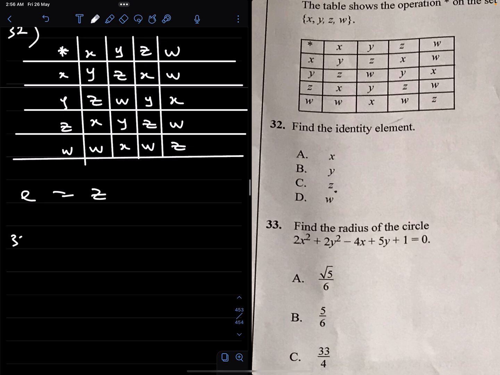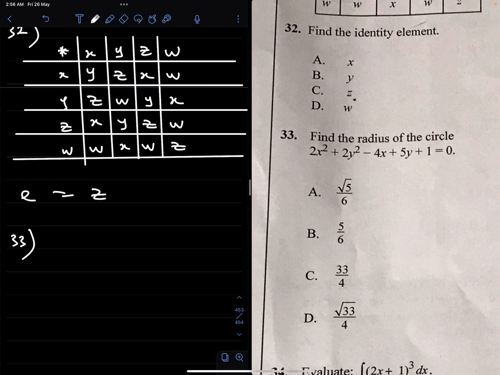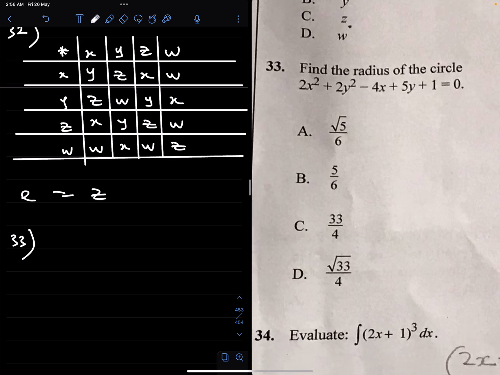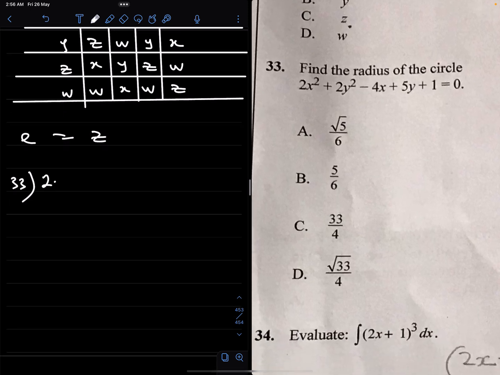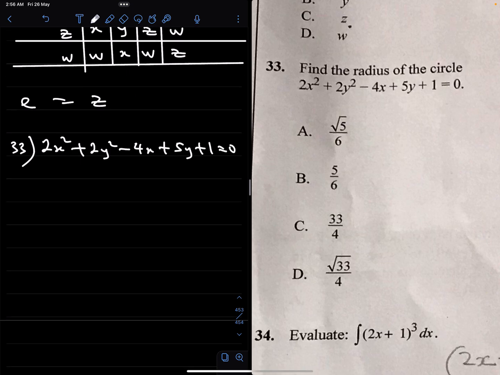Now we go straight to the next, which is 33. Find the radius of the circle 2x squared plus 2y squared minus 4x plus 5y plus 1 equals 0. Okay, first of all, we can divide through by 2 just to make the coefficients of x squared and y squared 1.